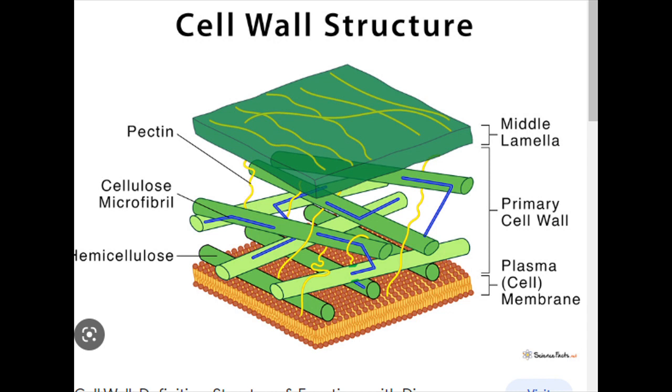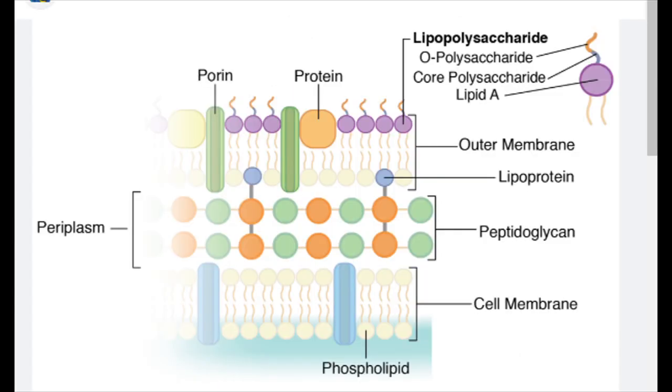So endospore is not a means of reproduction. It is just a means to escape unfavorable conditions. When the condition becomes favorable, a single spore will form a single bacterium. From the spore, an actively growing vegetative state can be restored by germination.